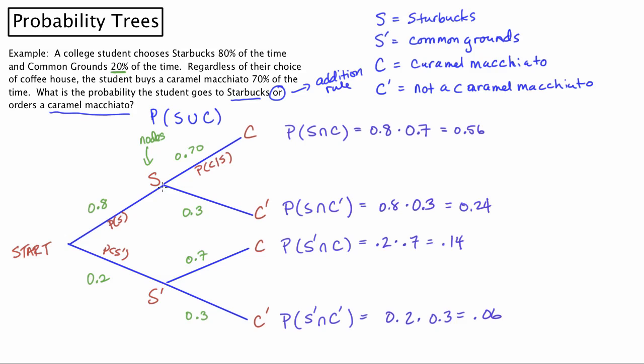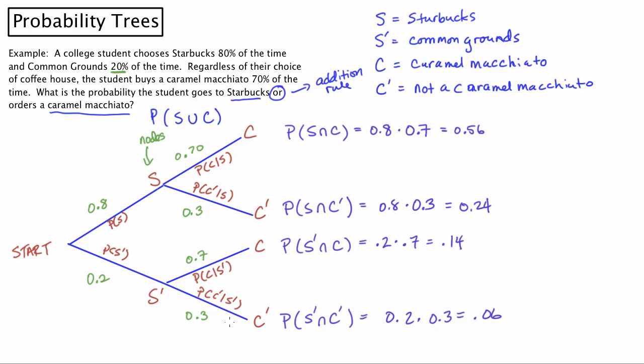In other words, we've already chosen Starbucks. Now if I want to choose caramel macchiato, that's C given S. This one would be not C given S. This one would be C given not S. And then this one would be not C given not S.